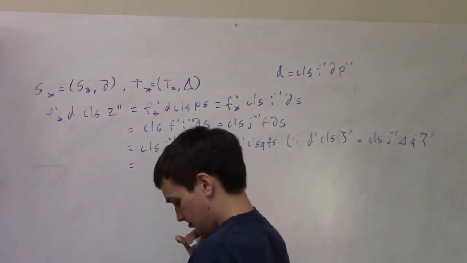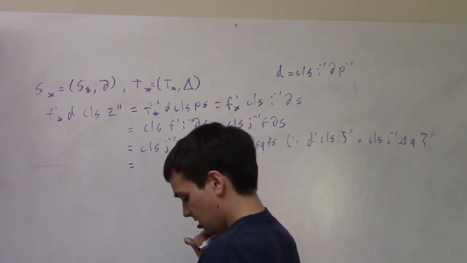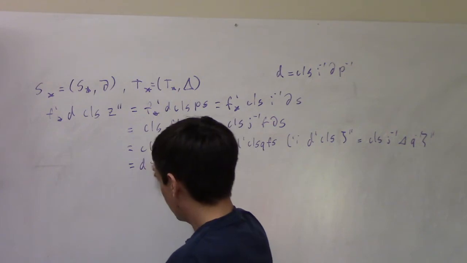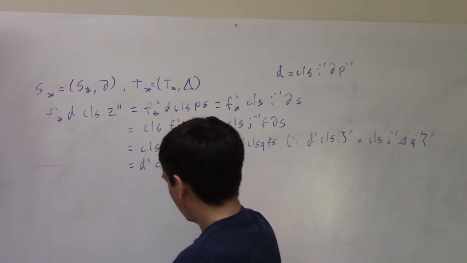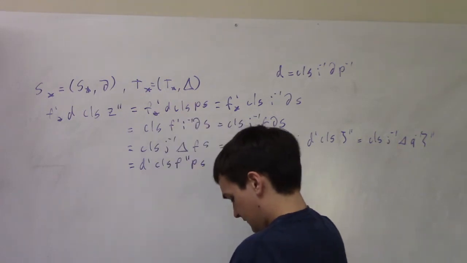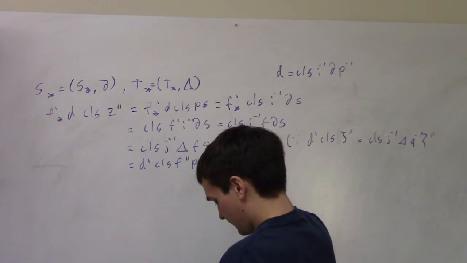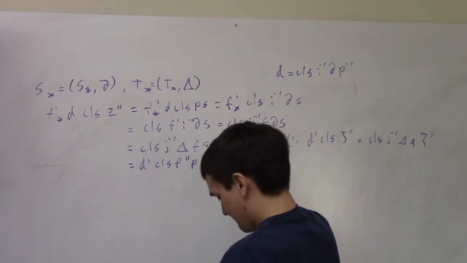So then we get, kind of going backwards now. What does he do next? I guess he commutes it again. d prime of the class of f prime prime p s is equal to, yeah, he's pulling it out of the class now. So like you said, that's going backwards.